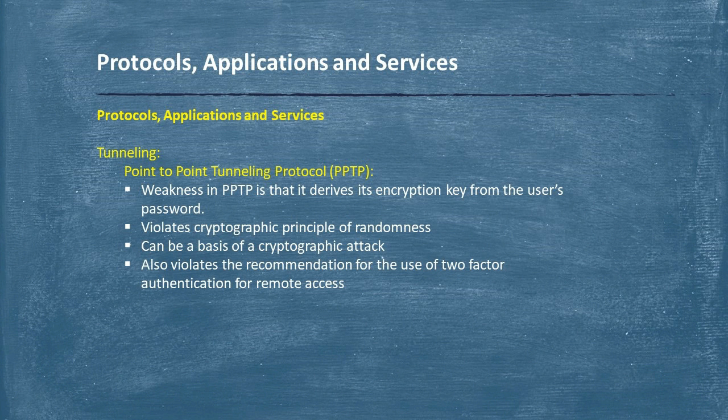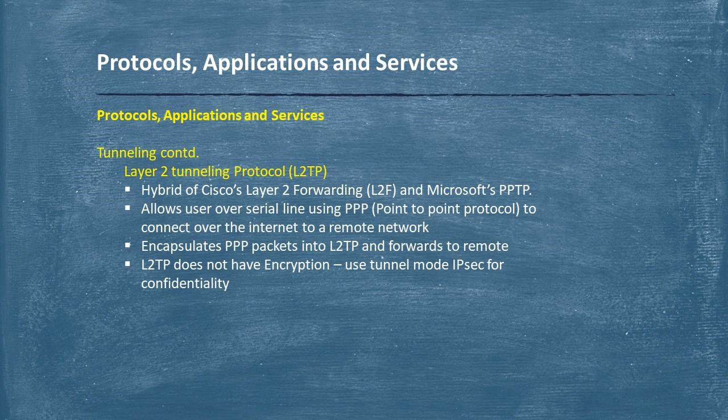It doesn't use randomness, which can be a basis for cryptography prone to cryptographic attacks. It also violates the recommendations for use of two-factor authentication for remote access. So these are all the disadvantages of the PPTP protocol.